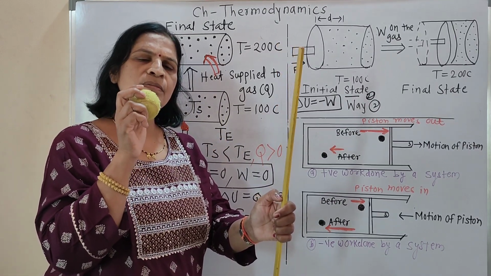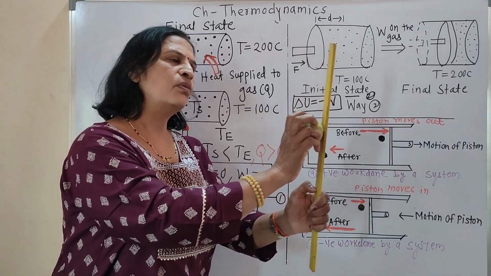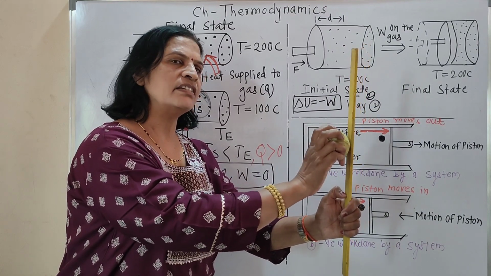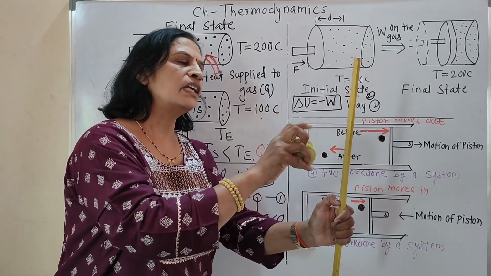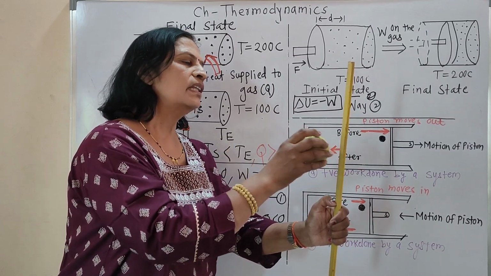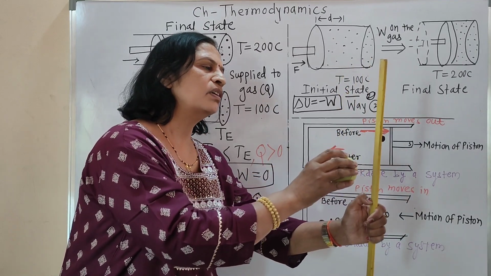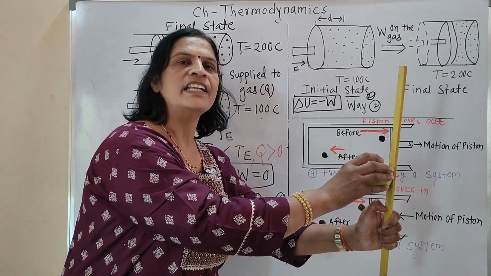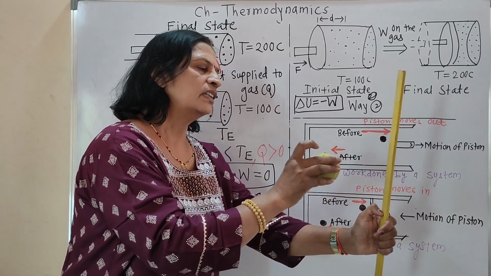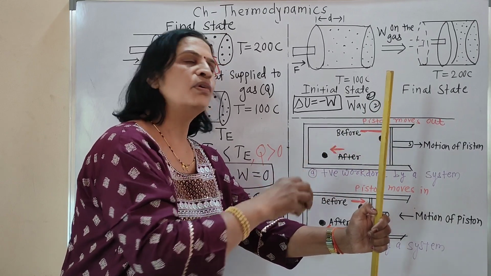When this molecule collides or strikes with the piston, what happens? At that time the molecule loses its momentum, and the piston moves through some finite distance. There is a loss of momentum for the molecule, and the piston gains the momentum.